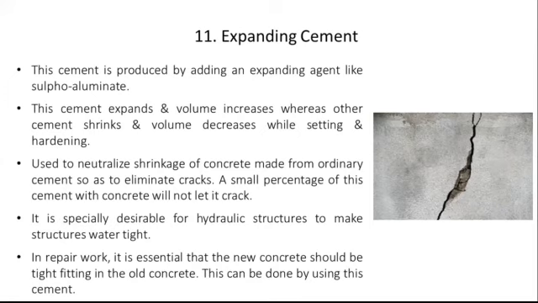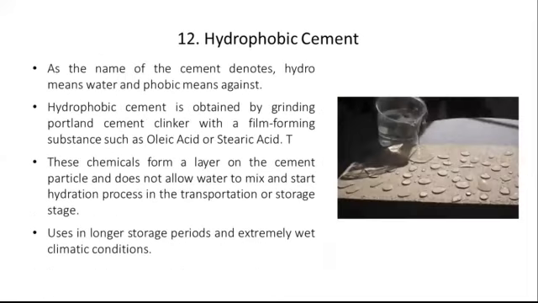A small percentage of this cement with concrete will not let it crack. It is specially desirable for hydraulic structures to make a structure watertight. In repair work, it is essential that the new concrete should fit tightly in the old concrete. This can be done by using this cement.